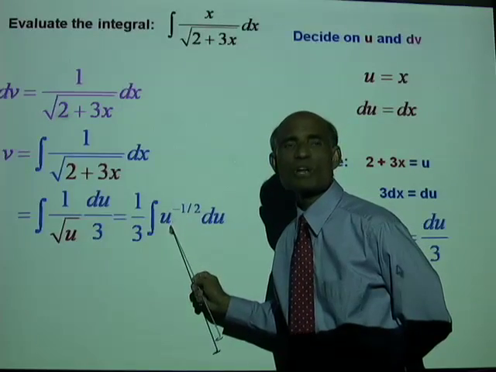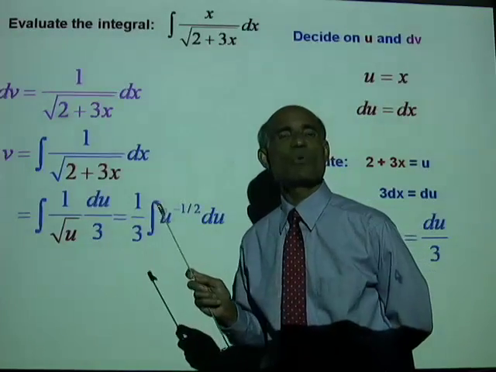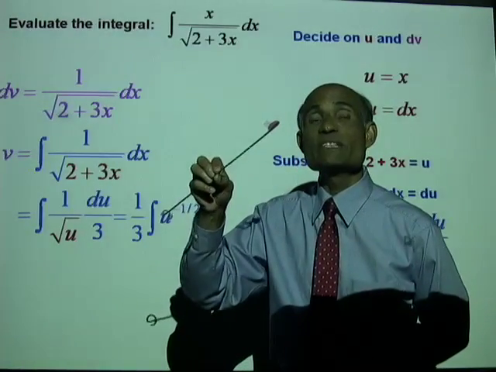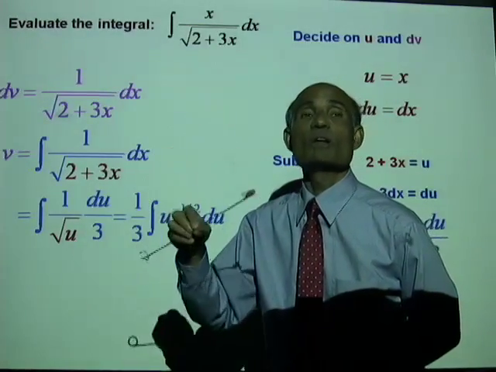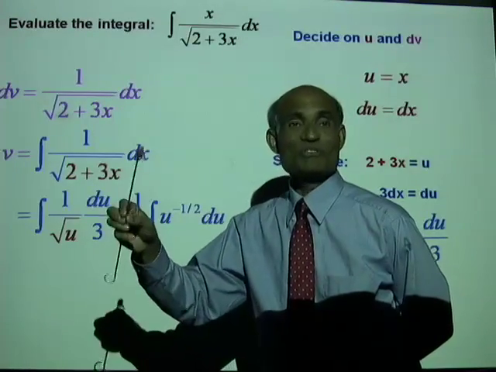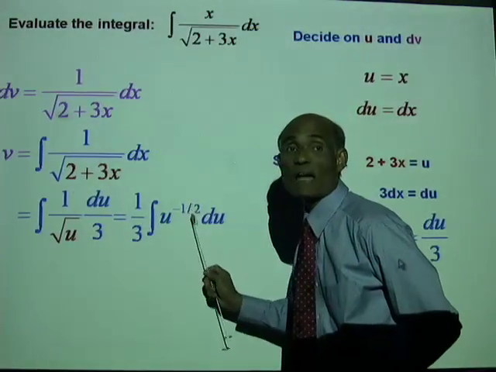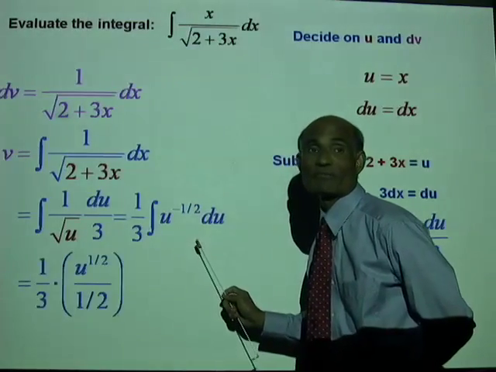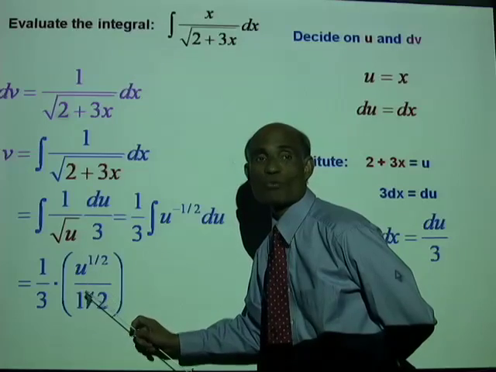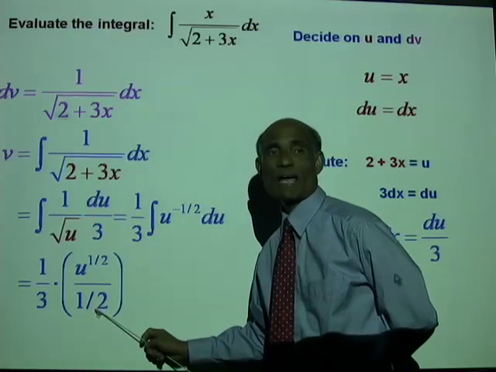What is integral u to the power of -1/2 du? It will be u to the power of -1/2 plus 1 over -1/2 plus 1, which is u to the power of 1/2 divided by 1/2. That's right. So that will be 1/3 u to the power of 1/2 divided by 1/2.